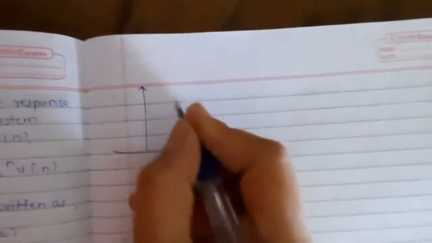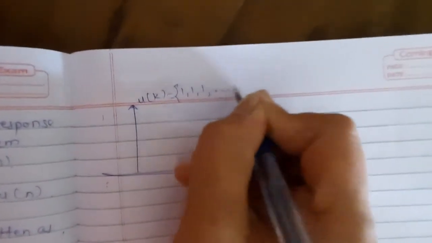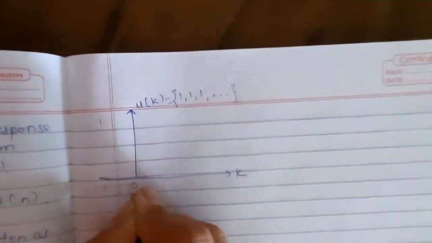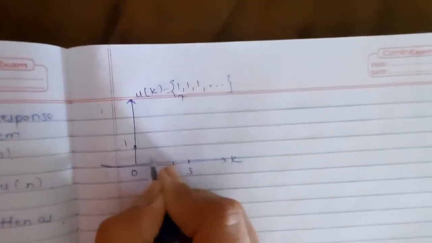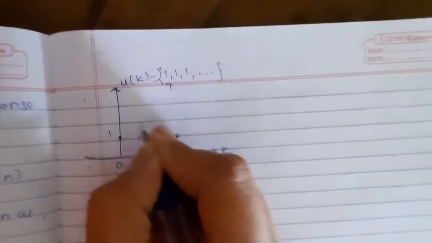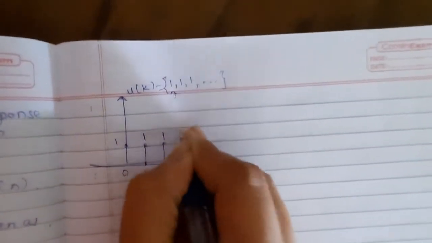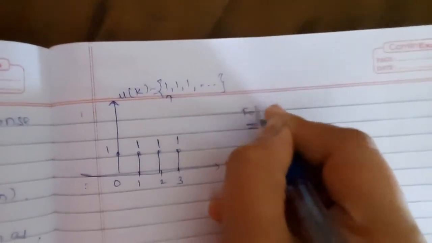So first it is k, u of k having values 1 1 1. Next step is folding.